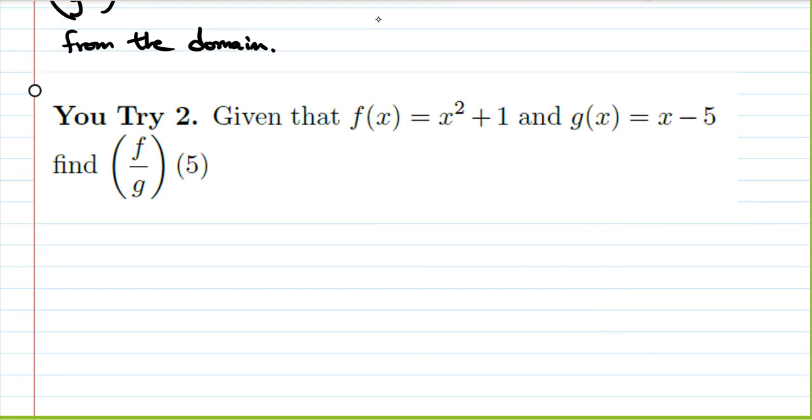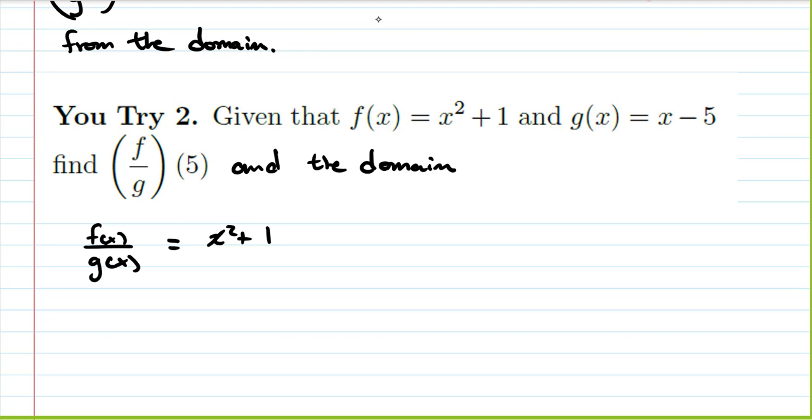Given that f of x is equal to x squared plus 1 and g of x is equal to x minus 5, we want to find f divided by g of 5 and the domain. So I'm going to add that to our problem. f divided by g is going to be f of x divided by g of x. In this case, our f of x is x squared plus 1, and our g of x is x minus 5.